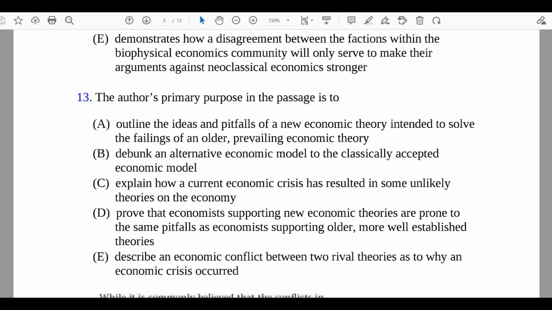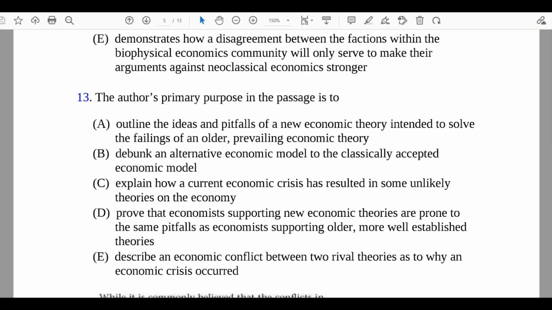It doesn't make a causal connection between the crisis and the development of new models. Actually, the passage seems to make more of a connection between environmental concerns and the new models. This answer also seems too limited to the first paragraph, while the remaining sections of the passage do much more than what is described in answer C.